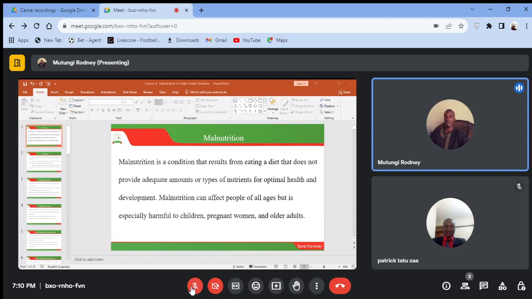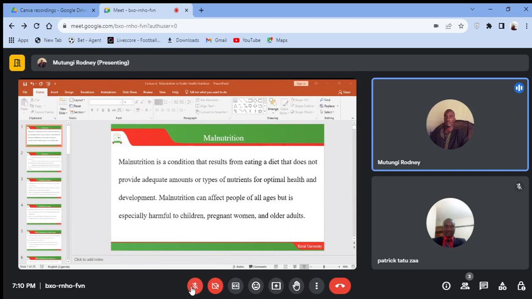Then obesity, like we had said, is that form of malnutrition whereby the energy intake exceeds the energy expenditure, and then it causes excess body fat and increased risk of chronic diseases.